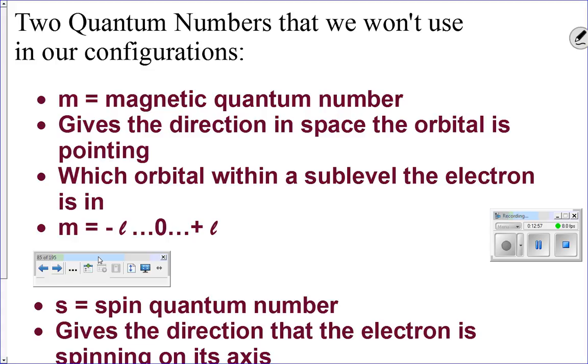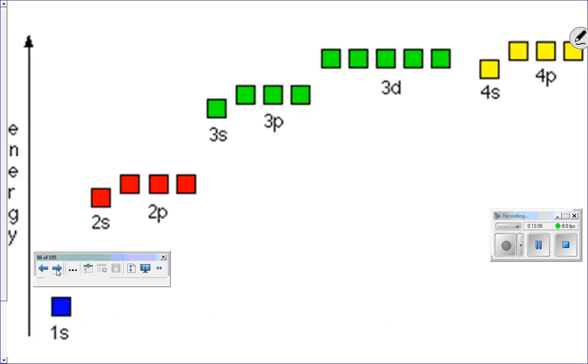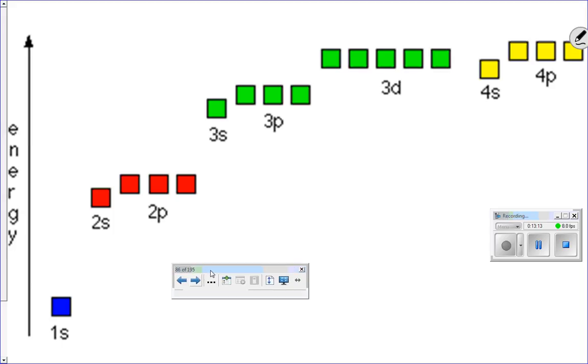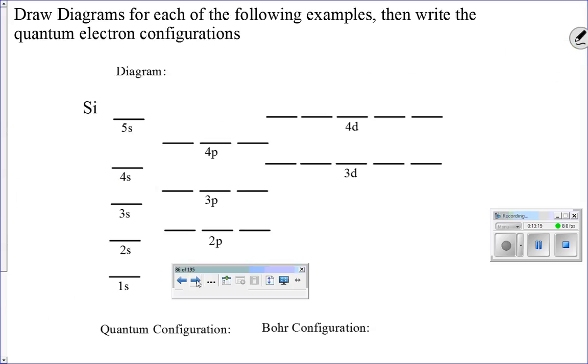The spin quantum number is really just us showing those electrons facing, those arrows facing in different directions. But for your purposes, other than showing the arrows in different directions, you don't need to worry about that. And this is just another energy diagram that I had on here because it's kind of interesting to see that energy flip-flop right there.